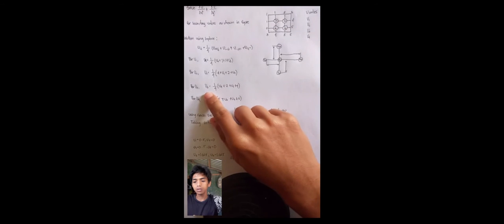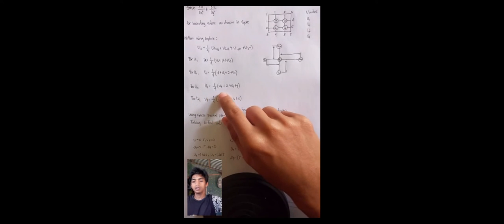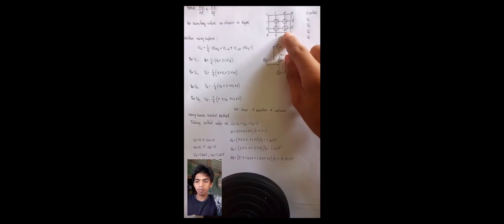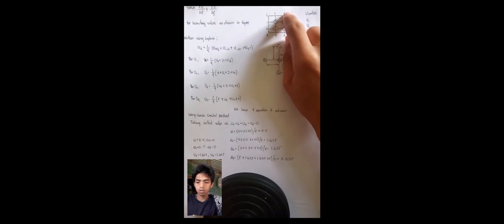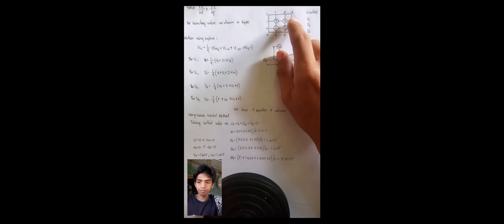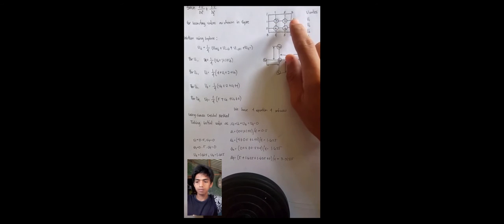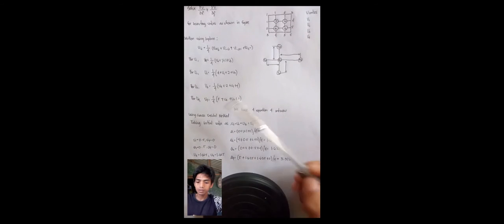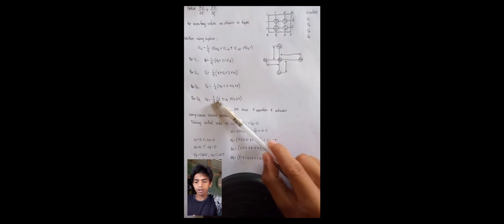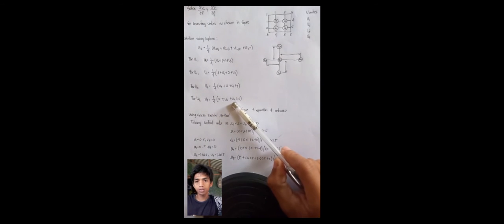And for u3 is 1/4 times u4 plus 2 plus u1 plus 4. And for u4, 1/4 times 5 plus u3 plus u2 plus 5.